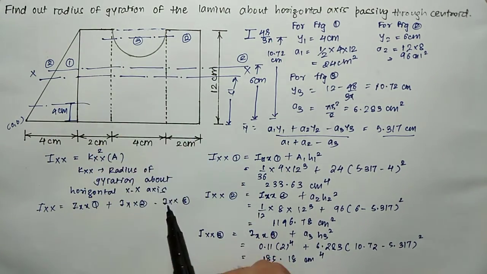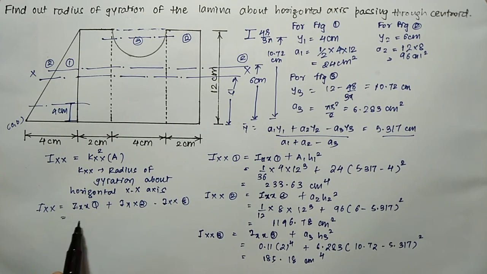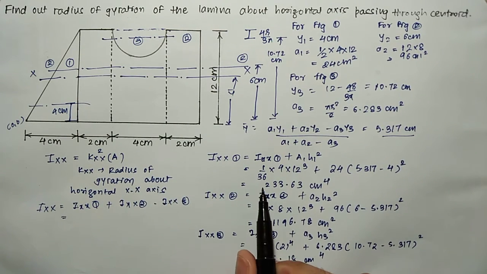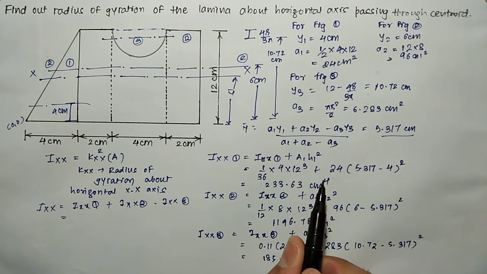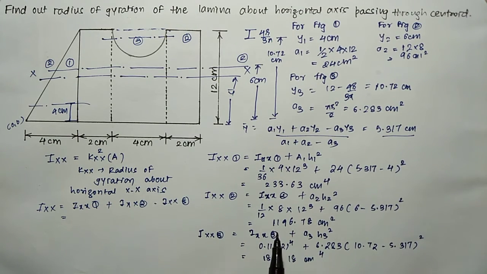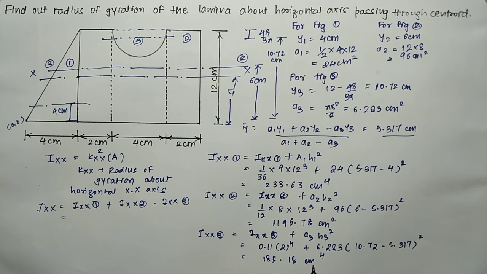So Ixx1 that we know as 233.63 centimeter raised to 4, Ixx2 that we know as 1196.78 centimeter raised to 4, and Ixx3 that we know as 185.18 centimeter raised to 4. So placing the values, we would be getting the value of Ixx as somewhat 1.245 into 10 raised to 3 centimeter raised to 4.